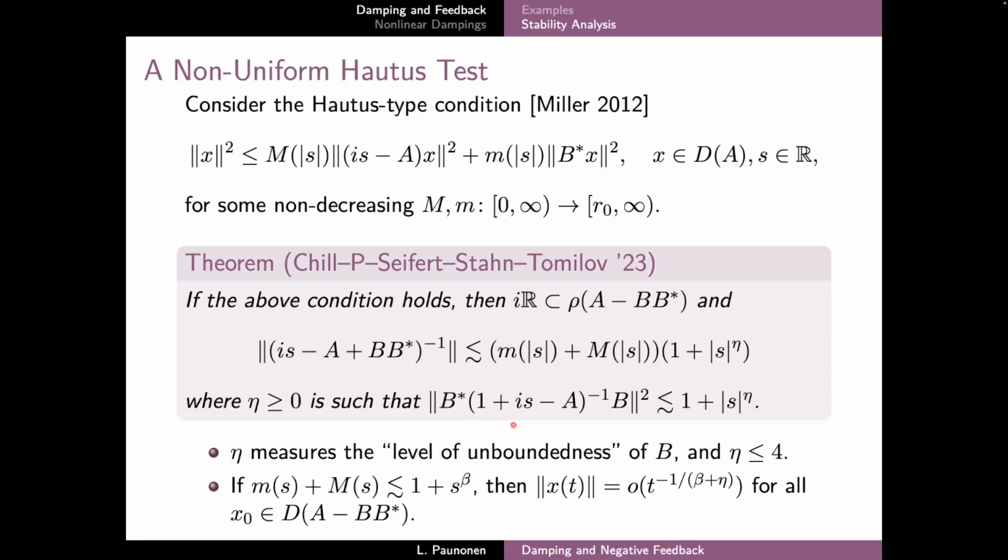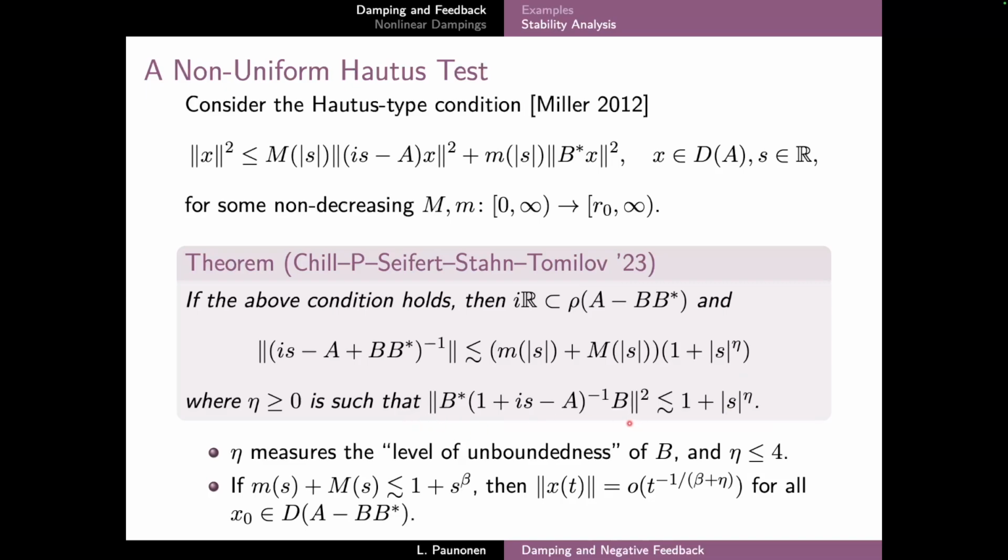And the purpose here of the parameter eta is roughly to measure the level of unboundedness of our operator B. And especially in the case where B is a bounded operator, eta is just taken to be 0.